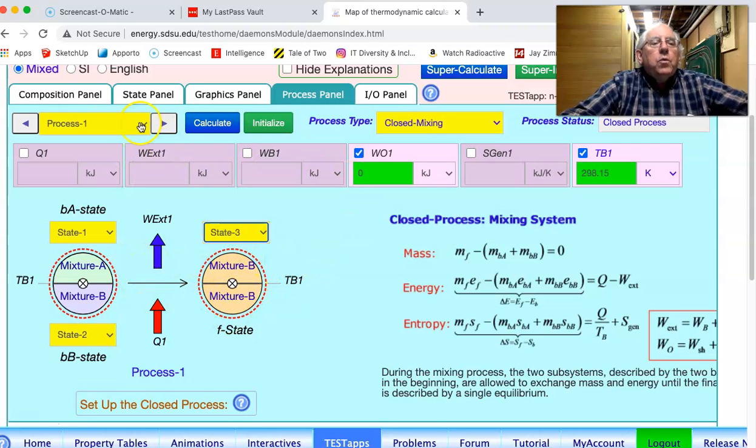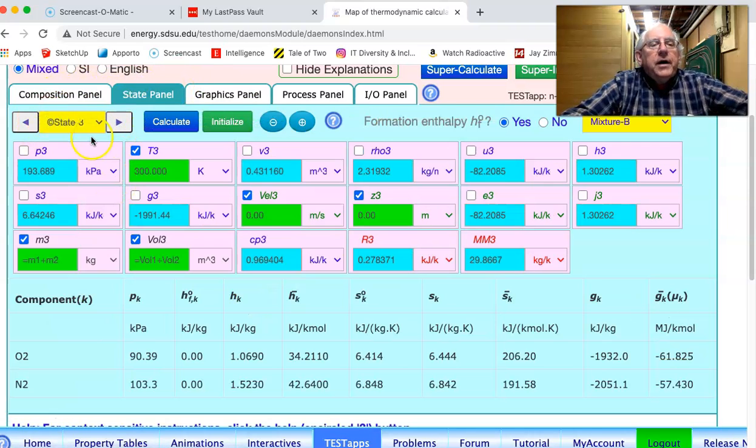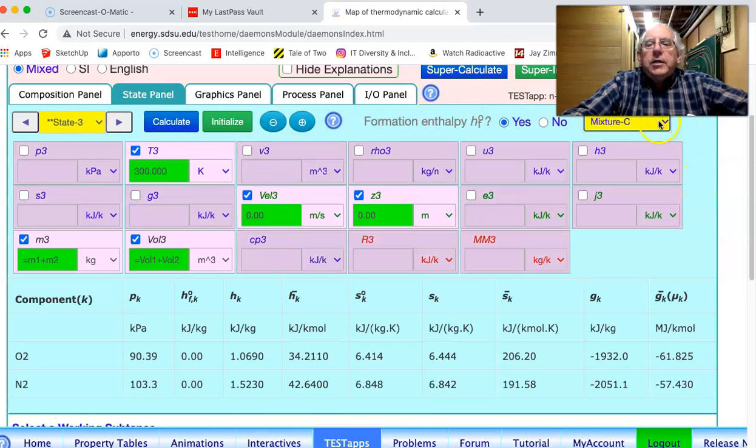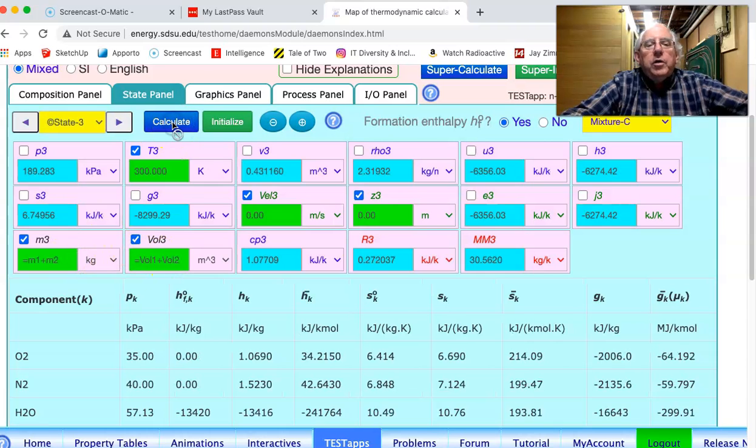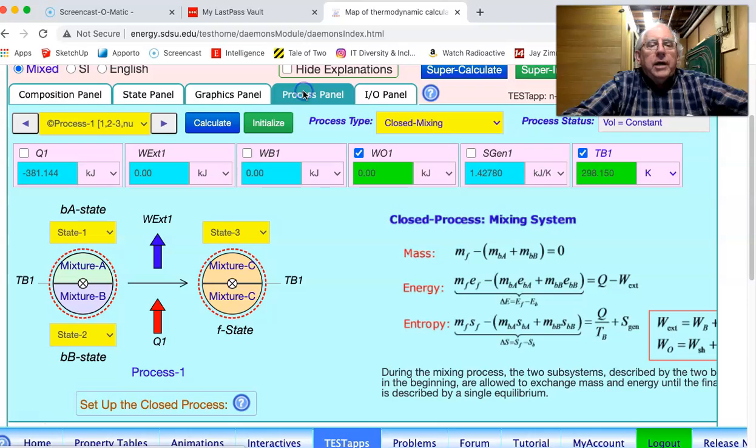What this meant was that I have to go back, and when I specify state 3, that's my mistake. State 3 is actually mixture C. So again we have the temperature and the specific volume, and we recalculate, and yes indeed, now we have mixture C.